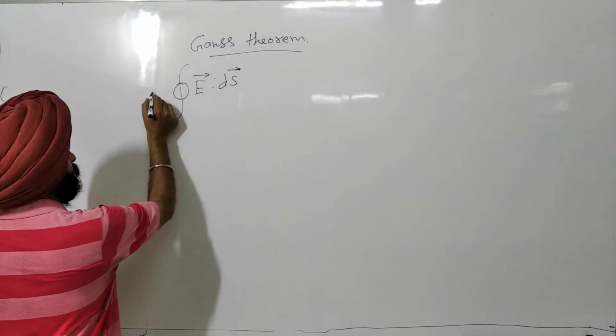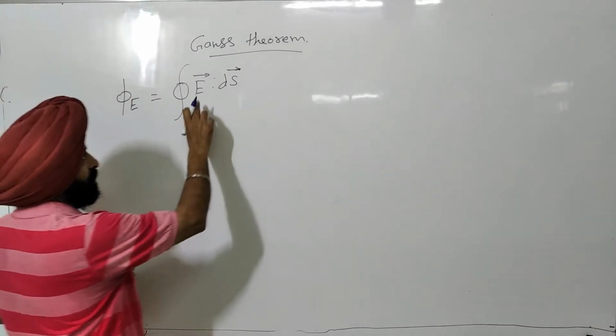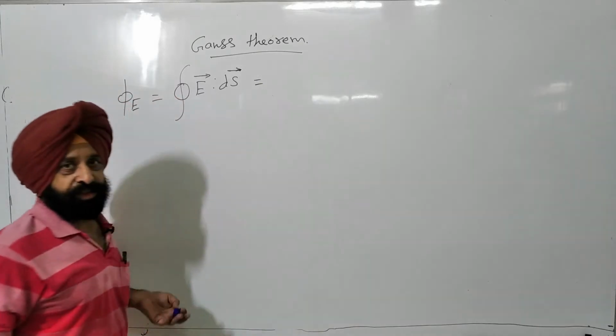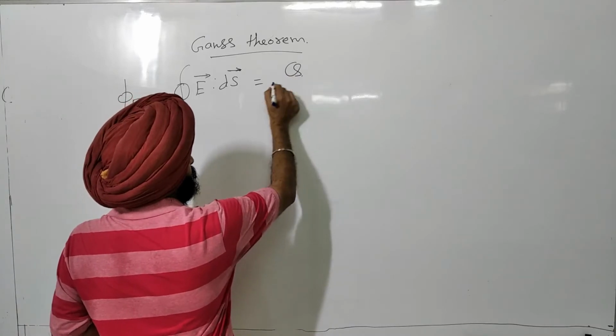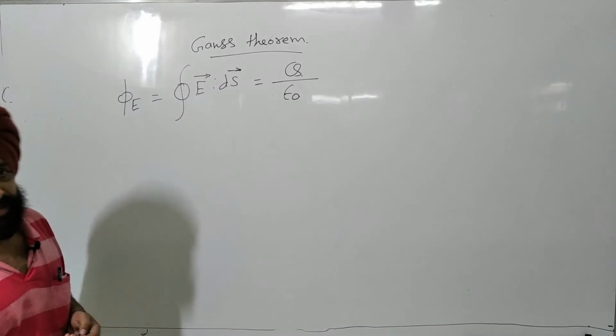So electric flux phi E is equal to the total charge enclosed in the surface, that is q upon epsilon 0.